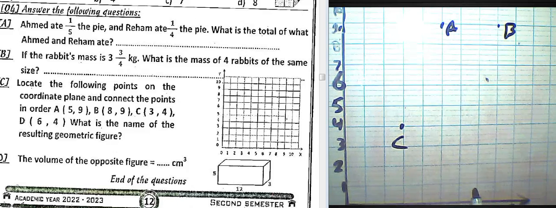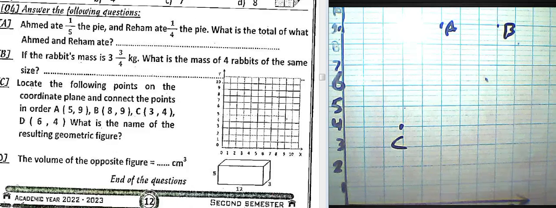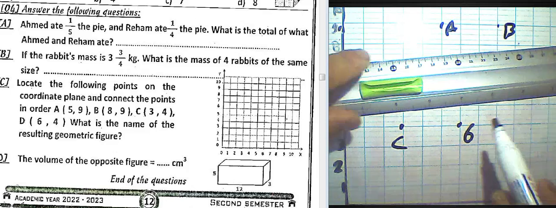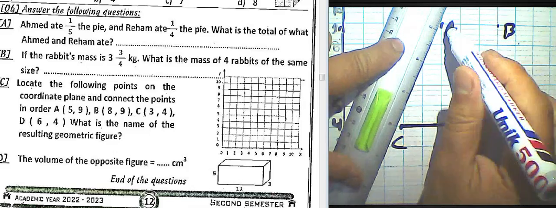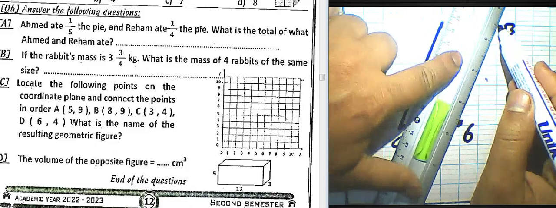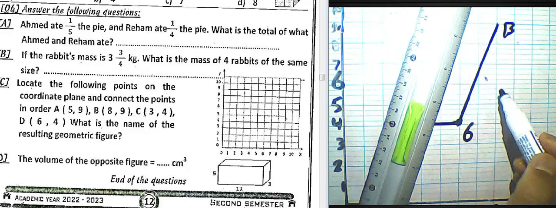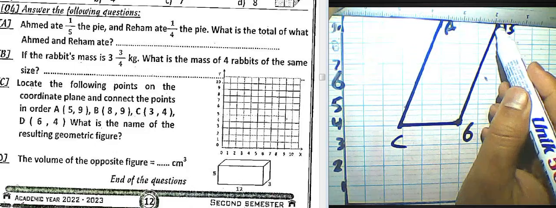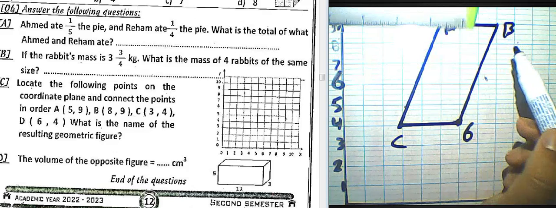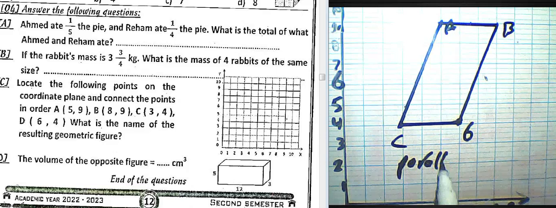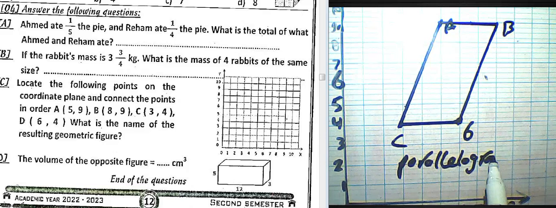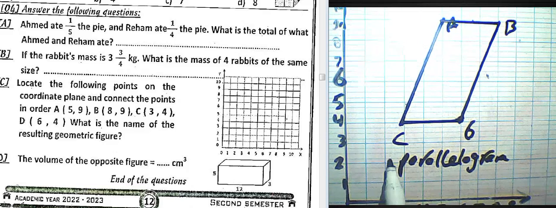And D, 6 to 4, 6 to 4. Okay, and then you can count all the points here, count this part. It will be a parallelogram. This figure we call a parallelogram.